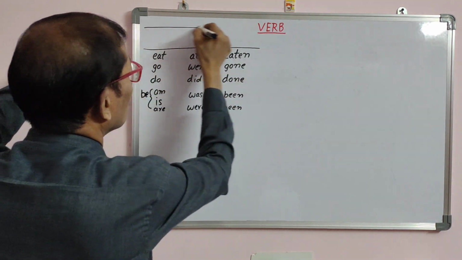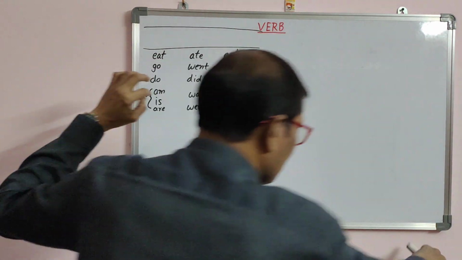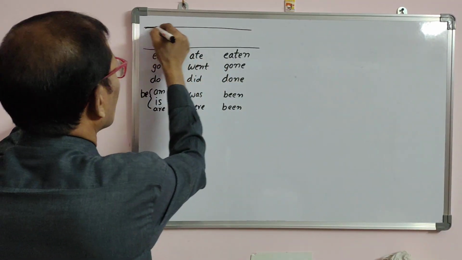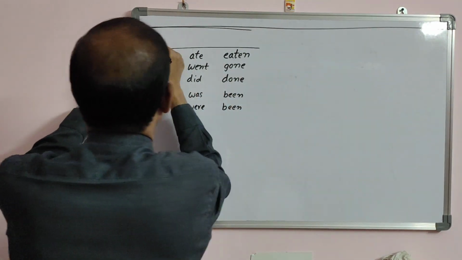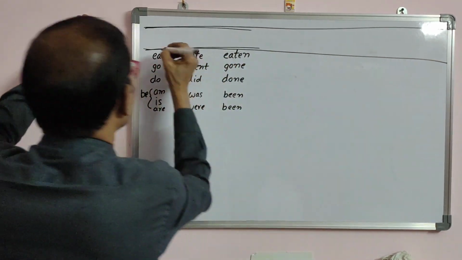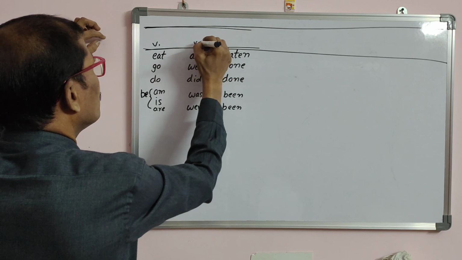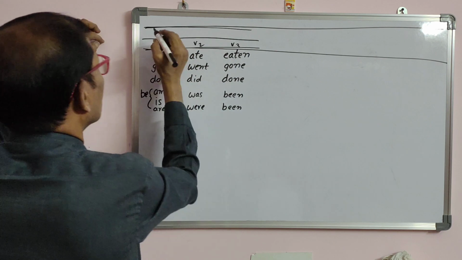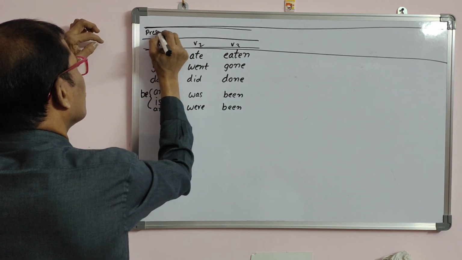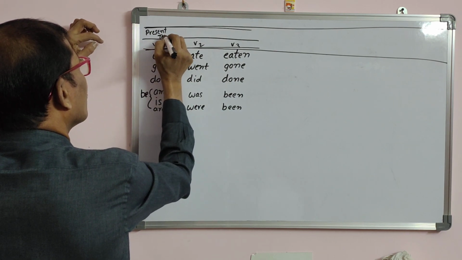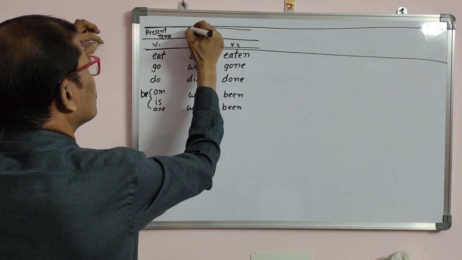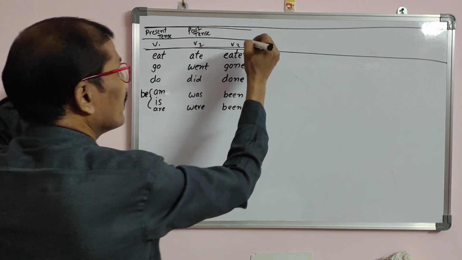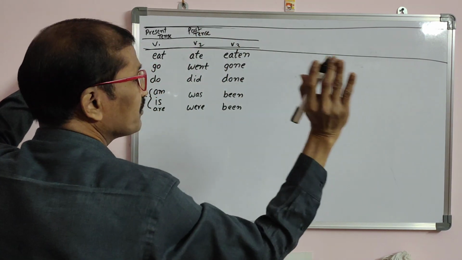Of course, some of you may say that they are V1, V2, V3. Or some say that they are present tense, past tense. Many people get confused here. They say future tense. It's not future tense.